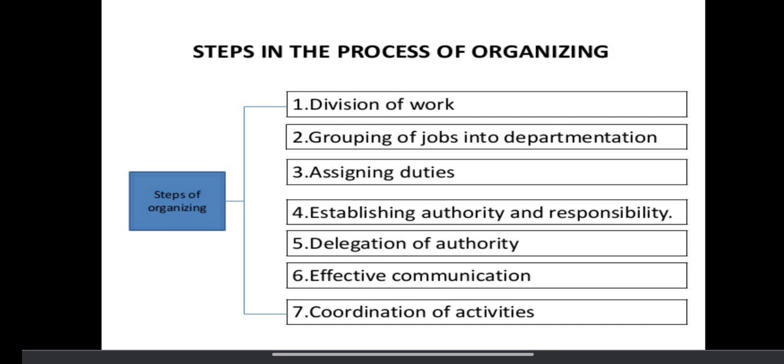Observe the fourth step in the process of organizing: establishing authority and responsibility. See students, this point is very essential, authority and responsibility. Capture this point. Authority and responsibility are the two sides of a coin.